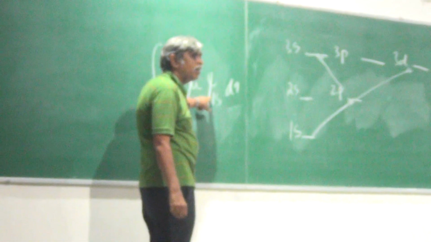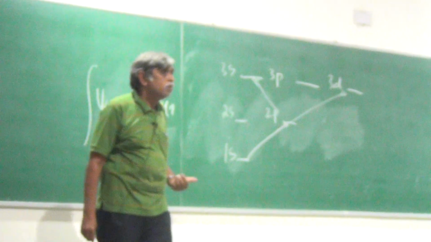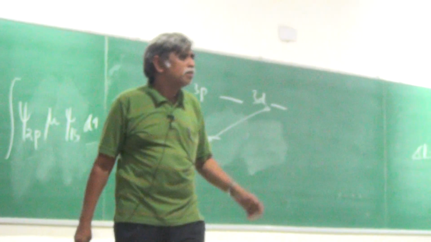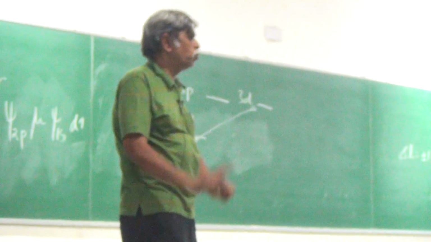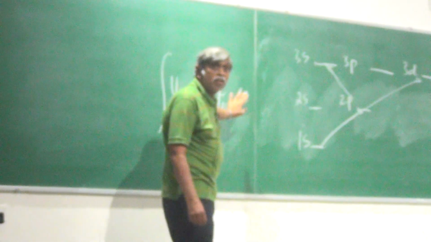Therefore, this is anti-symmetric too. So if I have symmetric into anti-symmetric, what happens to the whole integral? It becomes symmetric. Something like what we learned in the last symmetry course a month or so ago. So symmetric into anti-symmetric is symmetric. Symmetric into symmetric is symmetric. The whole integral is symmetric.